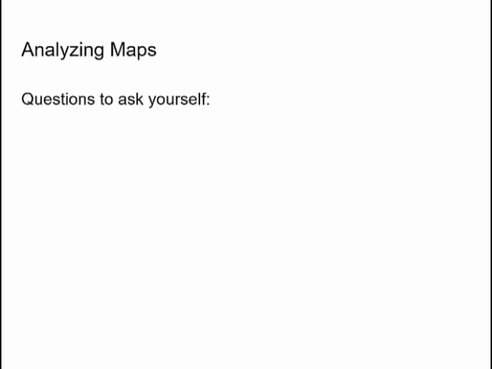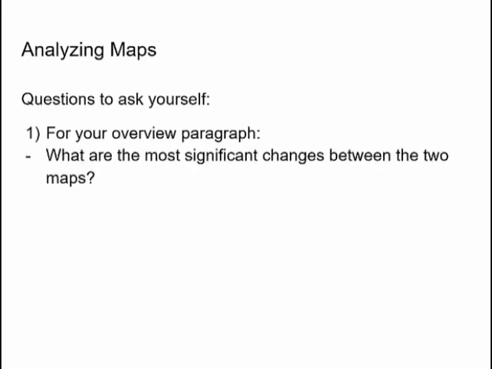So the first thing, you always have to think about what you are going to write about for your overview paragraph. Remember, that's this important paragraph where you provide a summary of the visuals that you see, no matter what they are, maps or charts or graphs or whatever it is. So you need to keep that same approach with map questions.